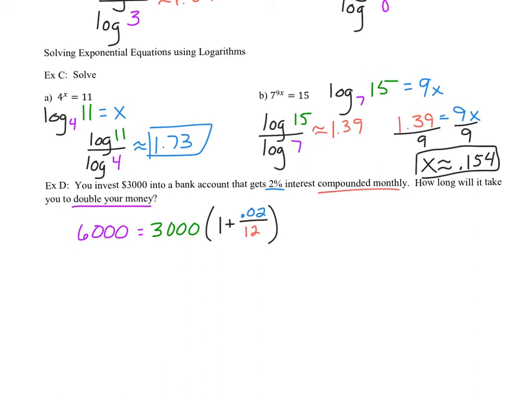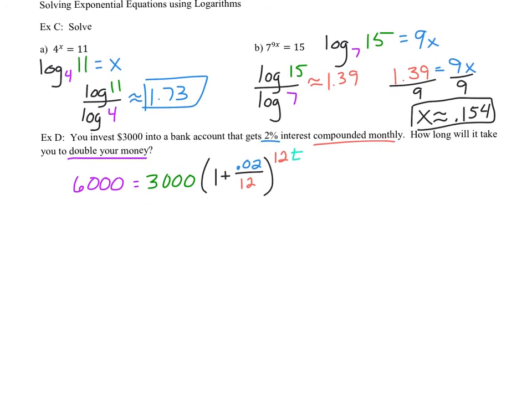And we don't know how long it's going to take, but I know that I need to take the years and multiply it by 12. So I'm going to do 12t. So we're looking for t. We're looking for a time. So I need to get that exponent by itself, but I've got a lot of numbers and a lot of things going on first. So I need to just start undoing operations.